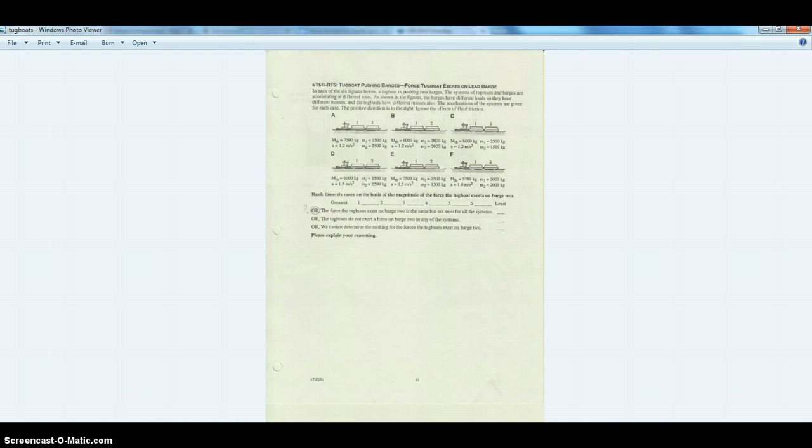Once again, I put the force that the tugboats exert on barge 2 is the same but not 0 for all the systems. Now, the reason for that is because the tugboat's force could not equal 0, so there must be a force.